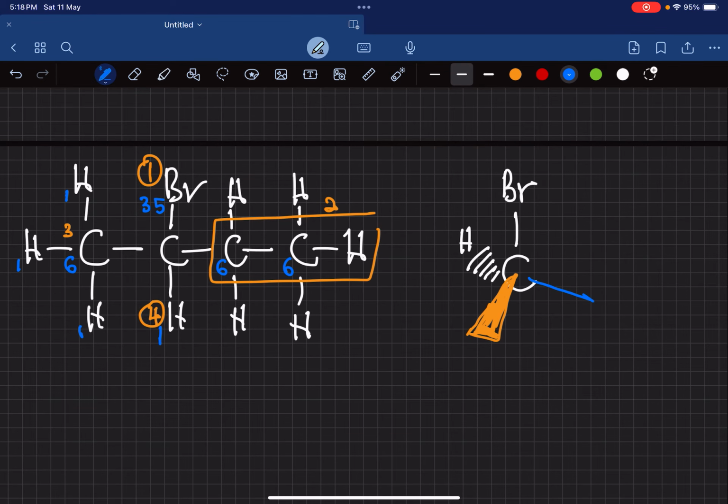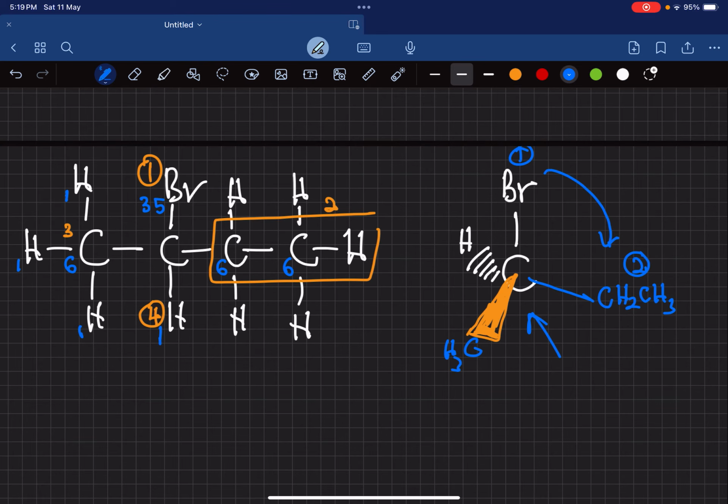That's it. So, let's say you've been asked to draw R. R means rectus. So the second priority should be here, CH2, CH3, and then this will be your CH3. Because you're viewing it from here, you're going this way. Number 1, number 2, number 3. This is R, rectus.